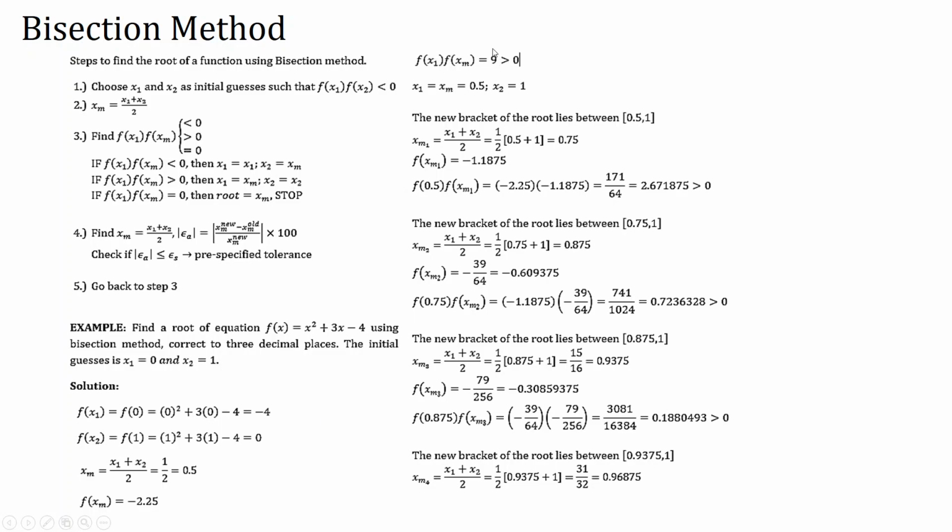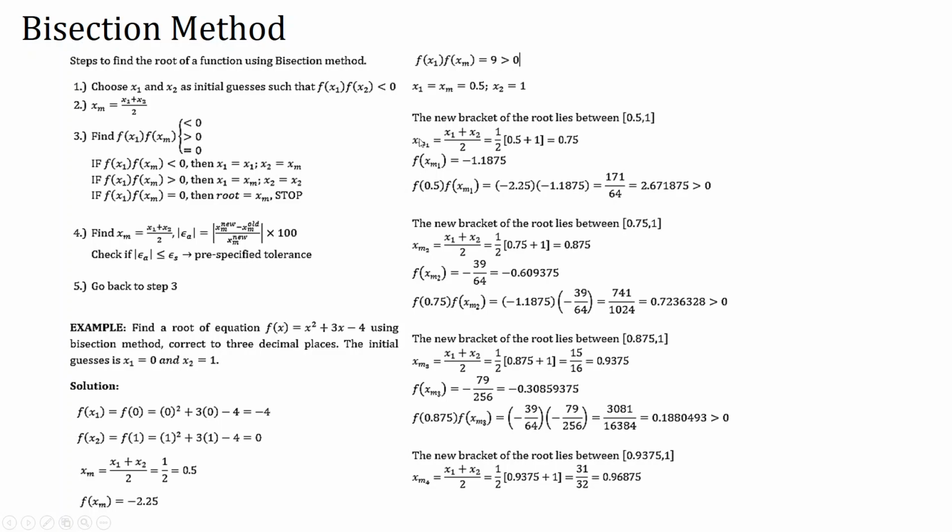So basically this is greater than 0. If greater than 0, this is now the new bracket of the root. So our x1 will be equal to xm. Our xm is 0.5, and our x2 will remain 1. So the new bracket of the root lies between 0.5 and 1.